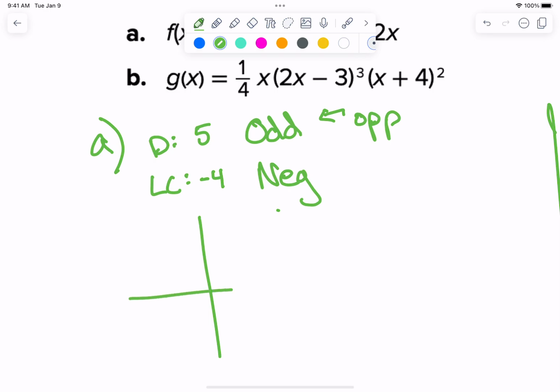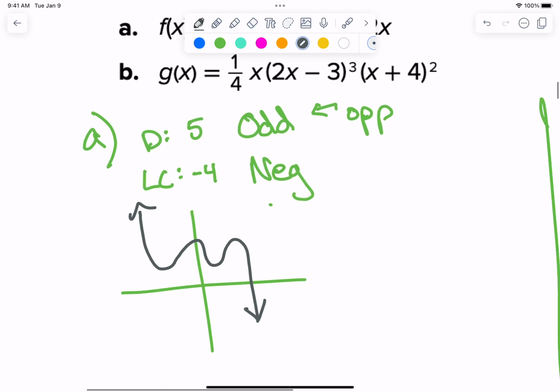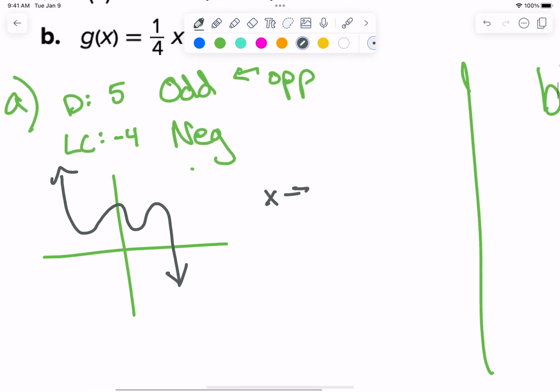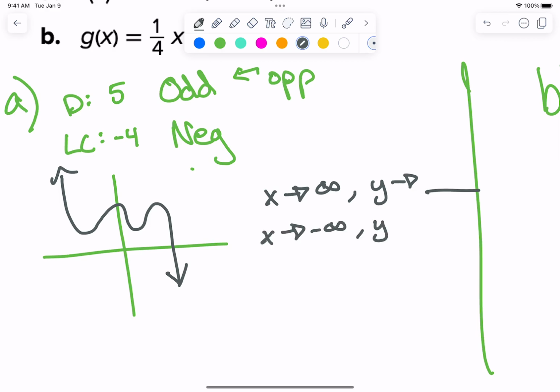So if I rough sketch what he looks like, he's going downhill, going opposite directions, so maybe like this. I don't care how many humps and bumps he has in the middle, but that's essentially what he's going to look like. Then we fill out the end behavior. As x goes to infinity, y is going to something. We're going to fill in those blanks here in a second.